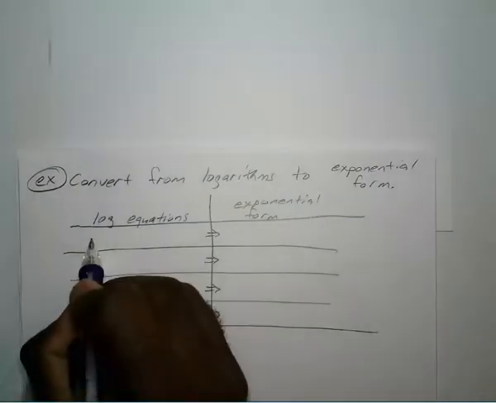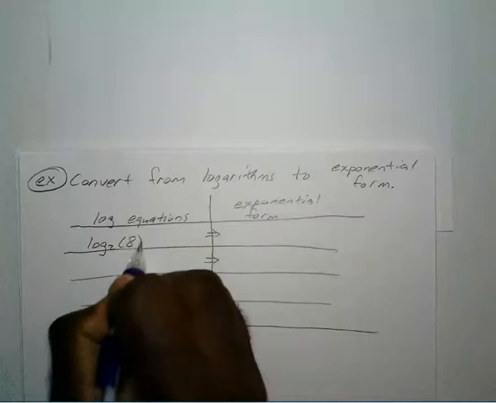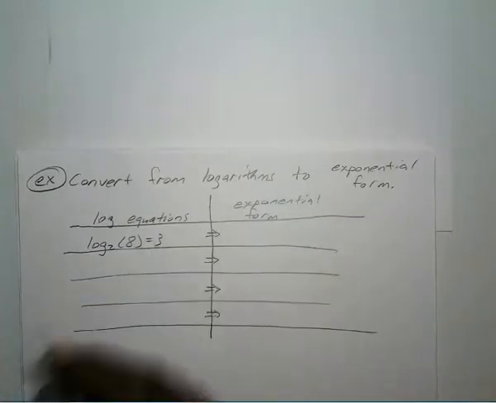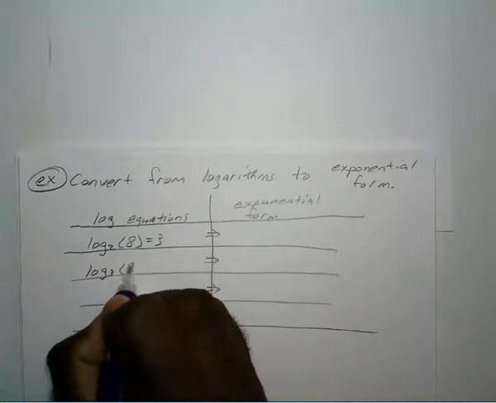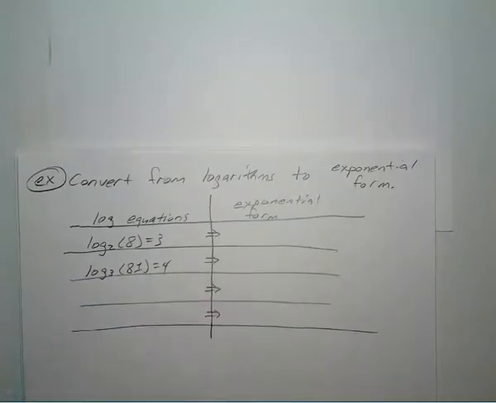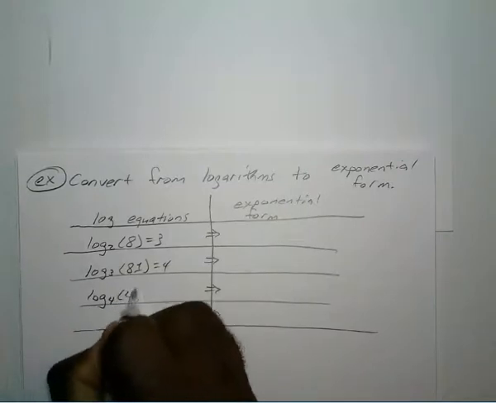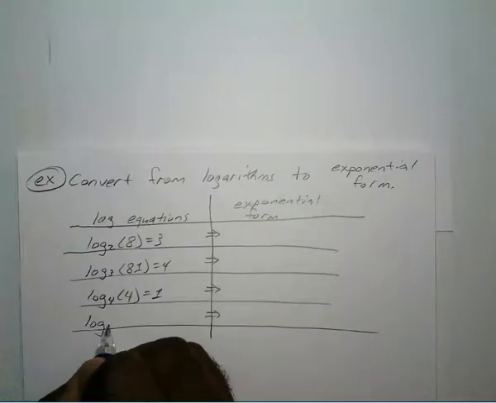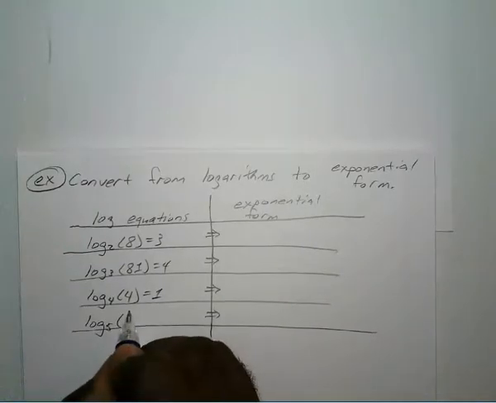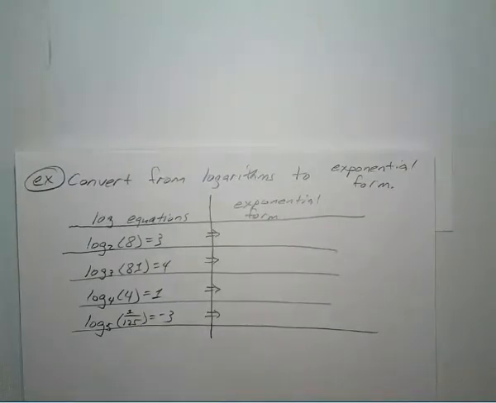Alright, so we are given log base 2 of 8 equals 3, and log base 3 of 81 equals 4, log base 4 of 4 equals 1, and log base 5 of 1 over 125 equals negative 3.